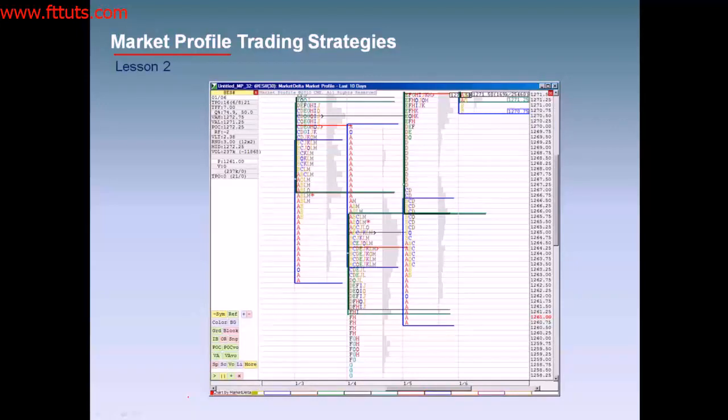So back again to the idea behind the profile. The idea was to try to share with other people that were not on the floor information that seemed to only be privy to the people that were on the floor. And their feeling was at the Board of Exchange when they developed this technique that if we create more transparency and share more information, we would be able to attract more traders, more investors, more capital, and it would certainly strengthen our exchange and generate more liquidity in the market.